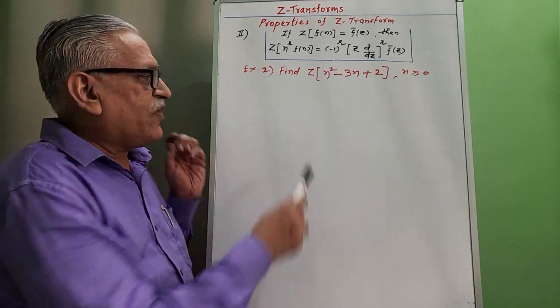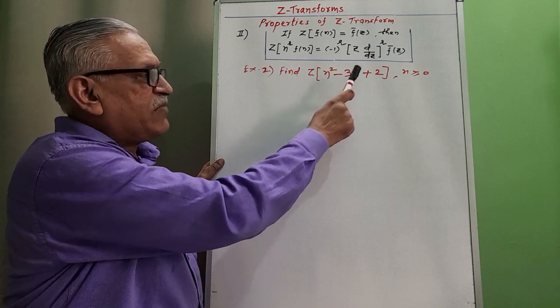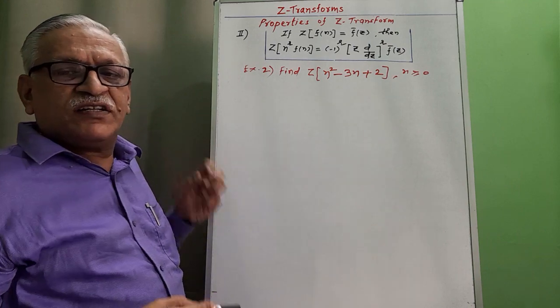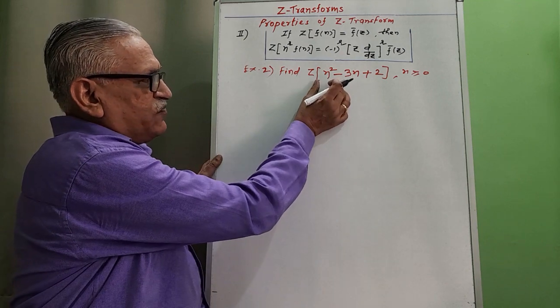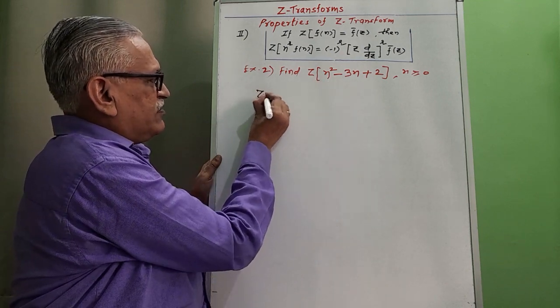Second example: find the Z transform of n square minus 3n plus 2, with condition n greater than or equal to 0. To determine its Z transform, we obtain the Z of each individual term.